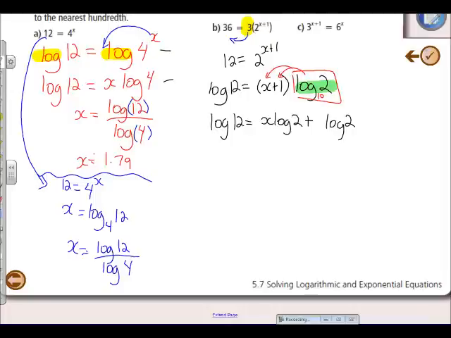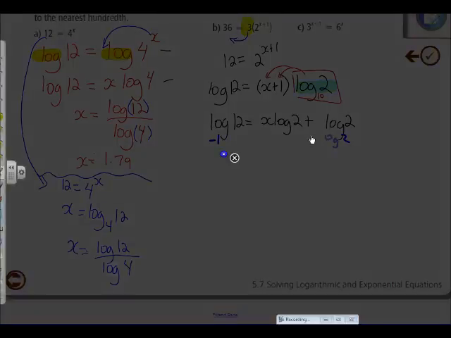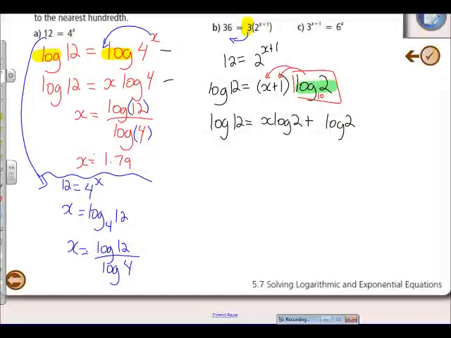So the goal here is the same as you do anything else with any variables. Treat it the same way that you would something like 12 equals 3x plus 4. You would just subtract the 4 over and then divide by 3. Do the same thing. Exactly the same thing. So we're going to subtract over the log of 2. We can't just go 12 minus 2.